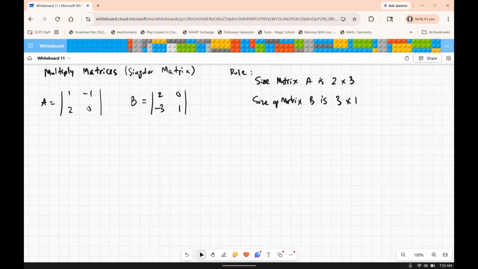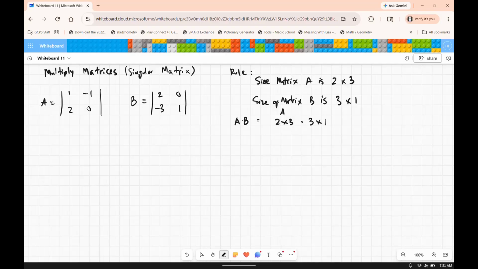So if we multiply A and B, make sure that you understand the concept of how we multiply the matrices. The size of A is 2 by 3, and you're going to multiply that with matrix B, 3 by 1.